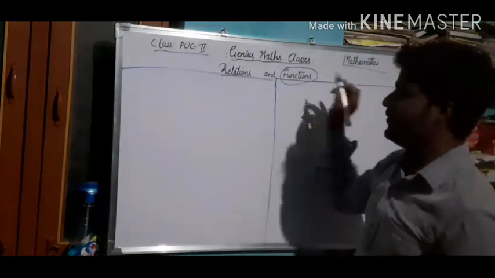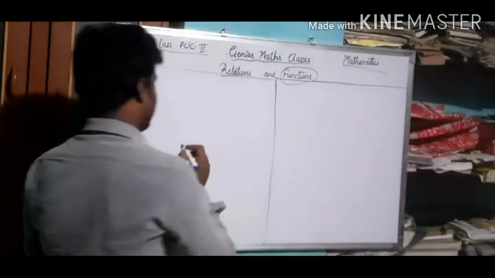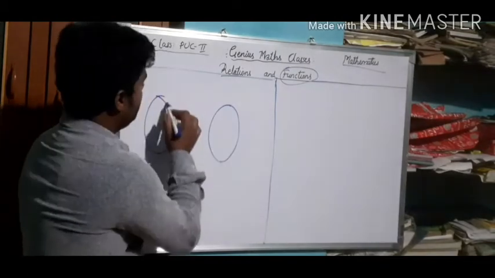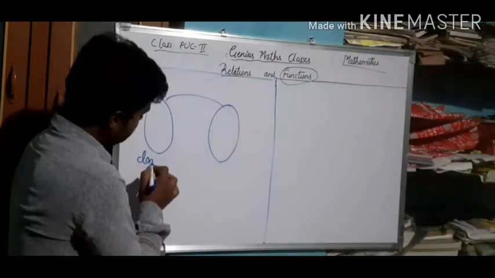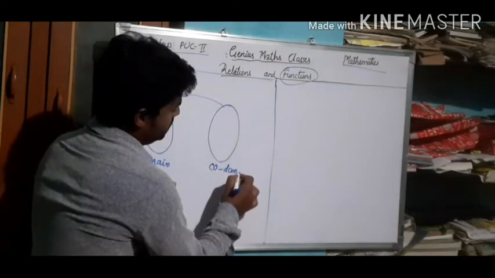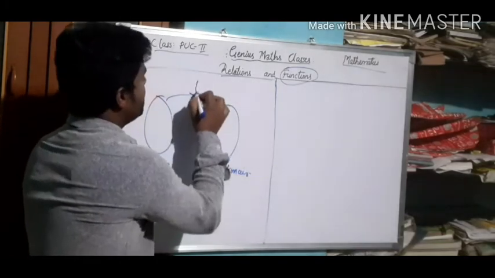So what do we mean by a function? A function is just a mapping from the domain to the codomain. This is the domain and this is the codomain.